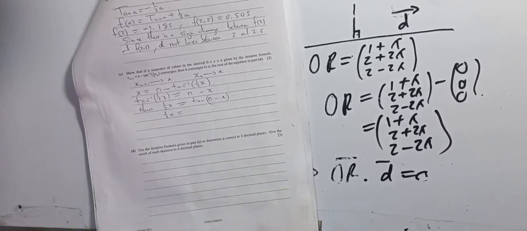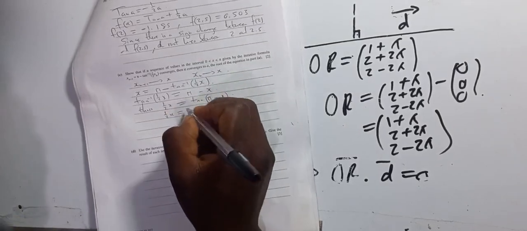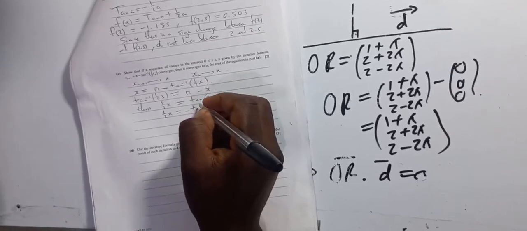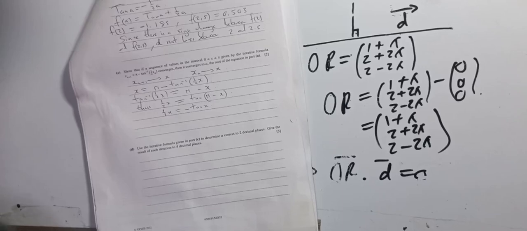If you check, tan 30 is equivalent to minus tan 150. So in short, tan of pi minus x is equivalent to minus tan x, which verifies the rule that the solution converges to the root of the equation in part A. And then we are done.